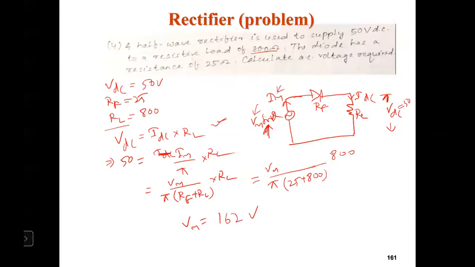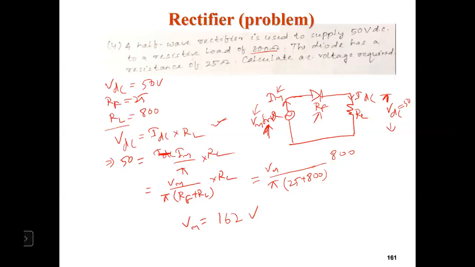Any doubt here? Sir, can we directly put VDC equal to Vm by pi? Yes, that way also you can calculate. You are saying VDC equals Vm by pi. But in that way, you are not considering this RF.